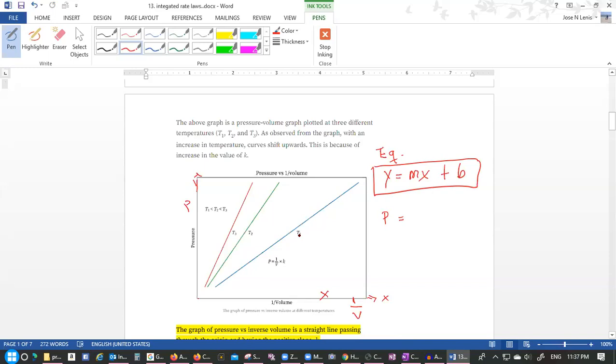Let's work with temperature 1, the lowest temperature. m is the slope of the curve. So it's going to be the slope m times x. What is x? It is 1 over V.